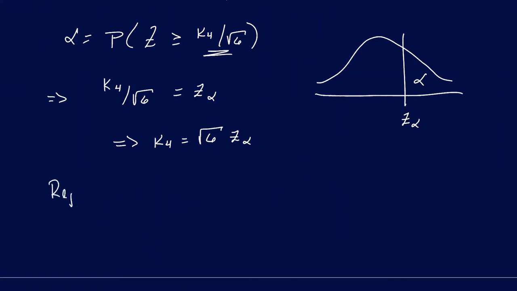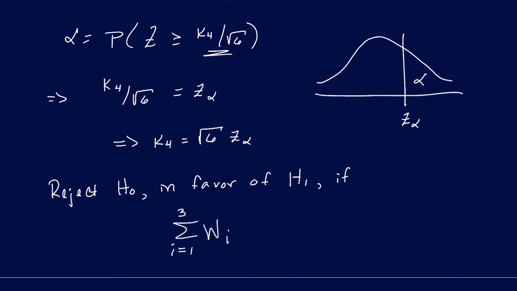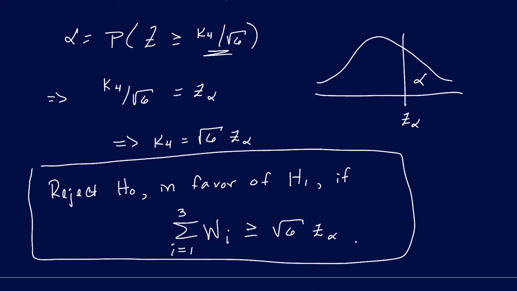The rule is going to be to reject the null hypothesis in favor of the alternative if the sum as i goes from 1 to 3 of the Wi's is greater than or equal to the square root of 6 times the critical value z sub alpha. And we are done with part A.